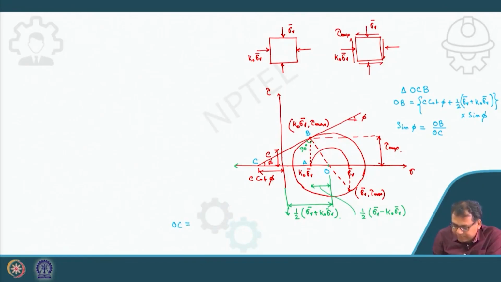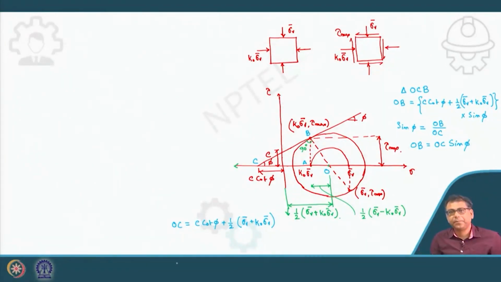The OC value is simple: C cot phi plus half sigma v bar plus k0 sigma v bar. So if OC is this value, OB will be OC into sin phi. So OB will be equal to OC into sin phi.